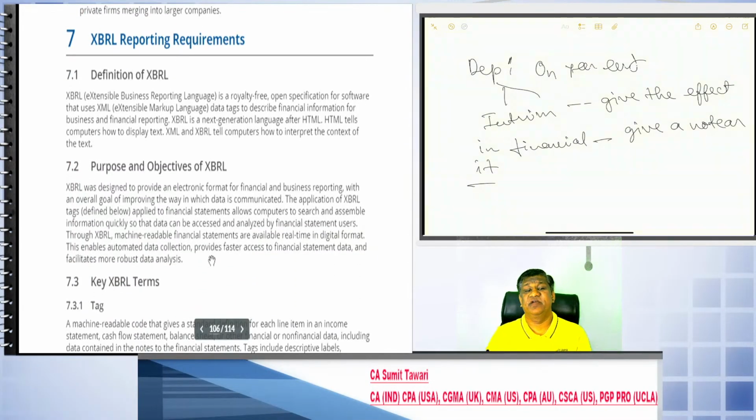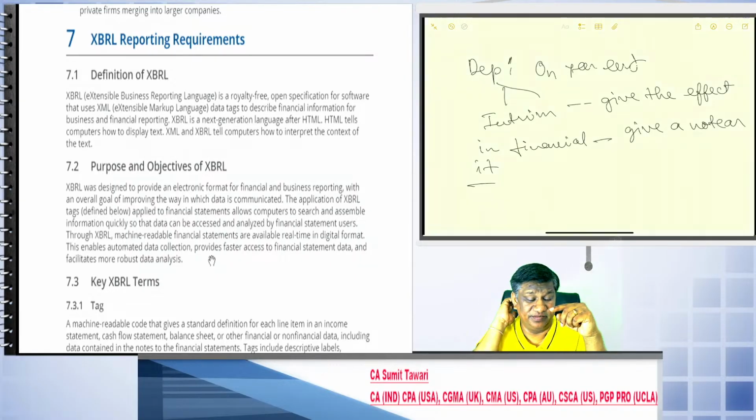XBRL reporting requirement. So this is basically, because every industry or every company is preparing the financial statements in their own fashion, even though there is a structured requirement, like we need to show 2 years of balance sheet information and 3 years of profit and loss account or income statement, cash flow, or the statement of changes in equity.